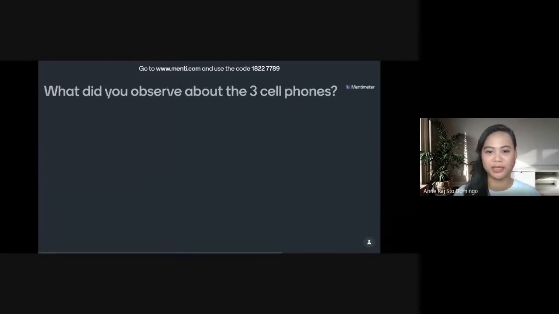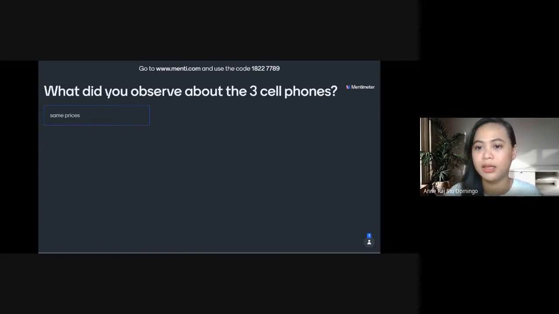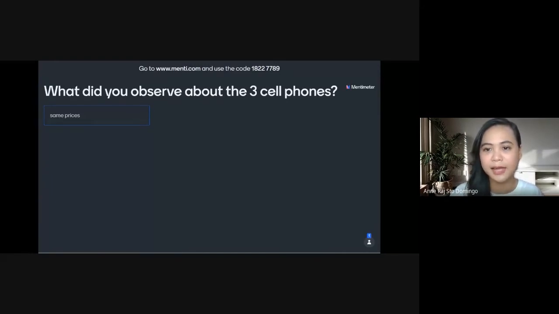Next question. What did you observe about the 3 cell phones? Ano yung na-observe nyo sa una, sa pangalawang cellphone, at sa pangatlo? Sige, sa una muna. Anong na-observe sa una? Eliza? Yes, Eliza?